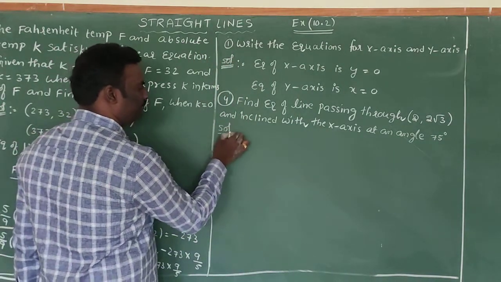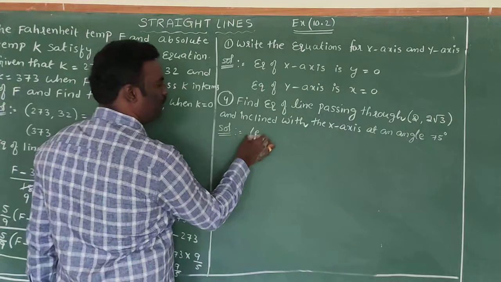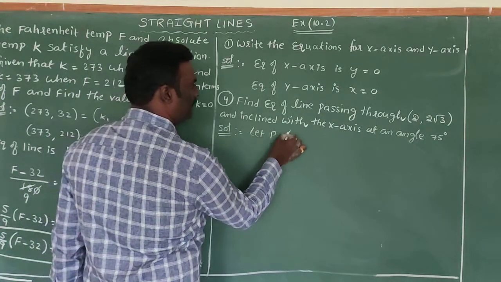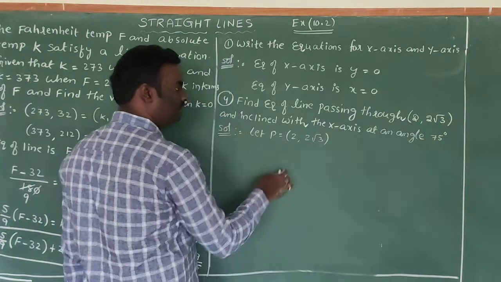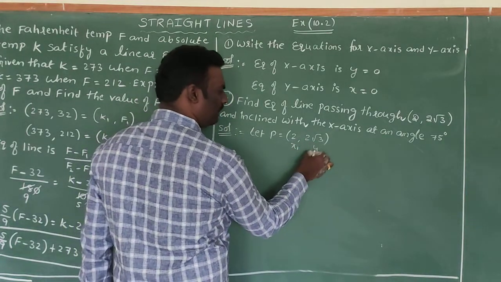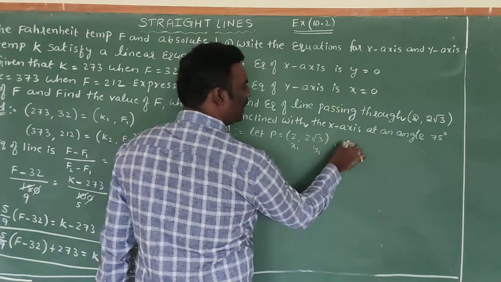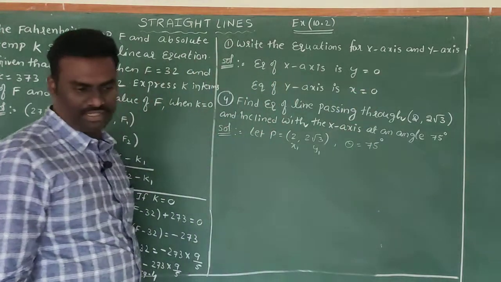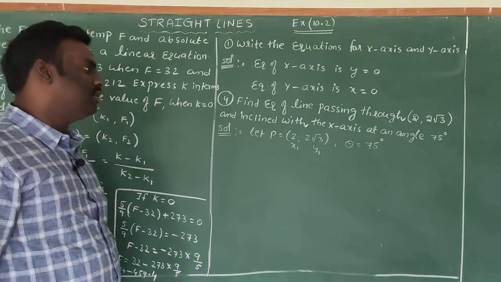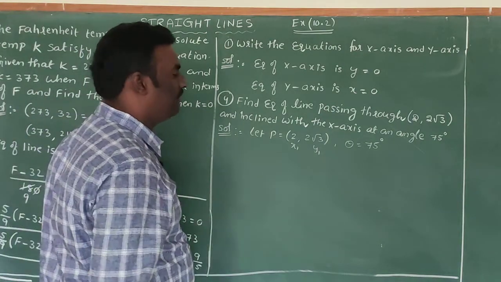Solution. The given point, I am taking P, that is 2 comma 2 root 3, x1 y1, and the angle is theta. Theta is equal to 75 degrees. So if you know angle theta, I am finding the slope.